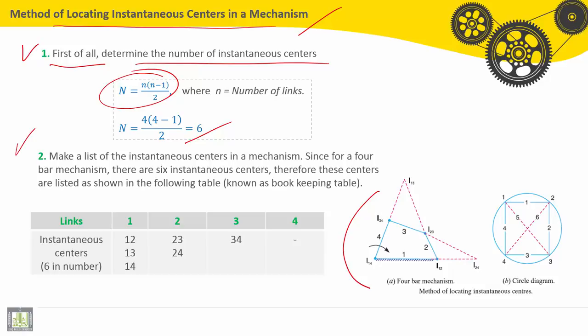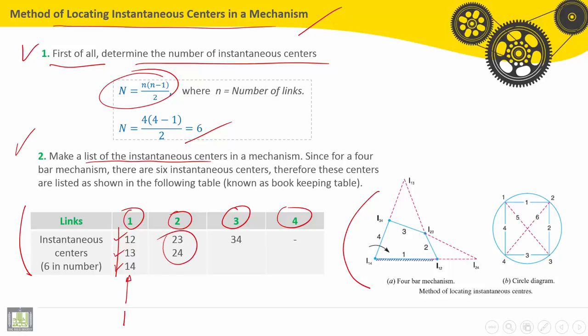Second, we have to make a list of these instantaneous centers of rotation. Okay, we have 6. Using this table, we list the links 1, 2, 3, 4. For the first link, we have the instantaneous centers I12, I13, I14, all of them starting with 1.